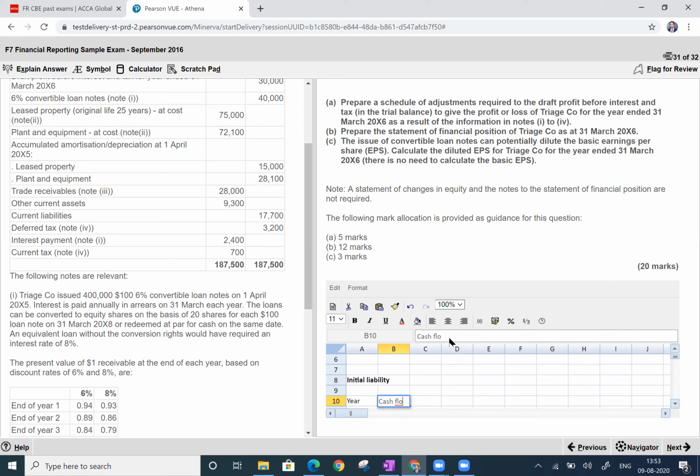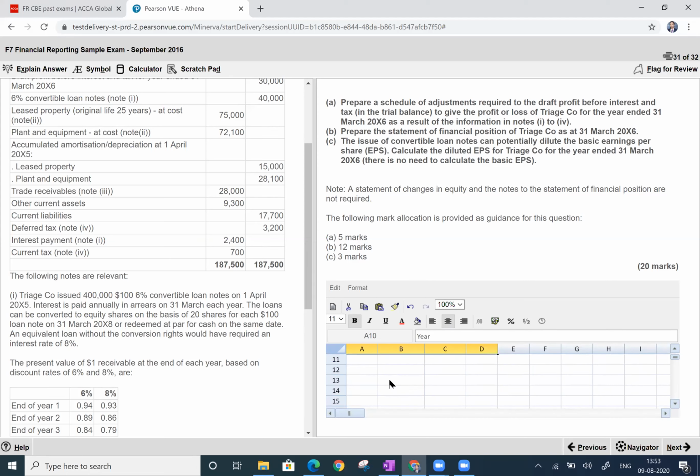Cash flows, discount factor, and present value. Bold, and I have centered it.